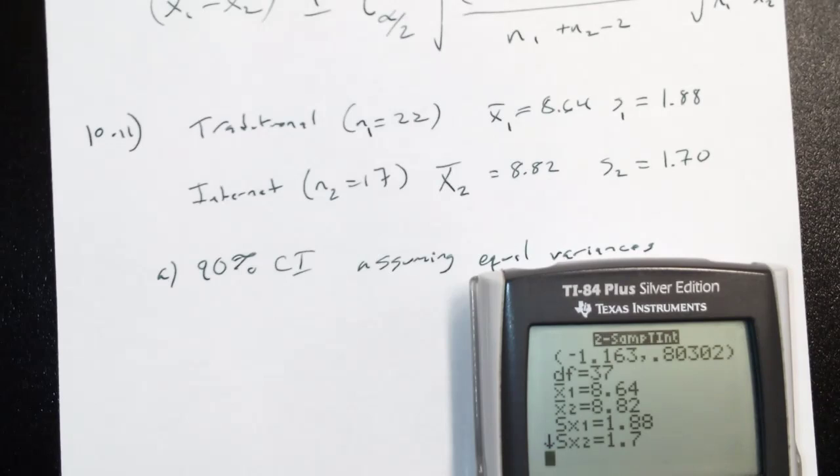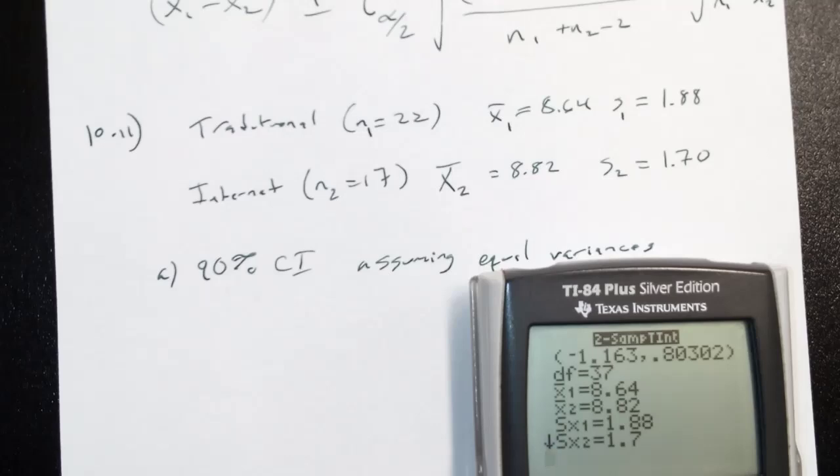Look at this confidence interval. The true mean difference between these two is between negative 1.163 and 0.803. What's in the middle of there? Somewhere.